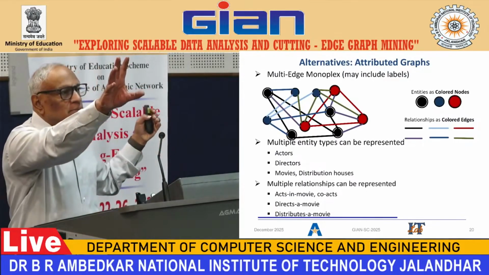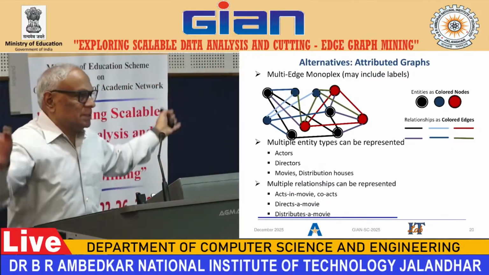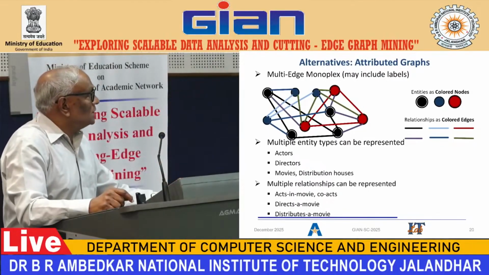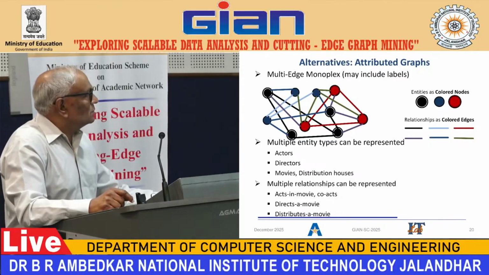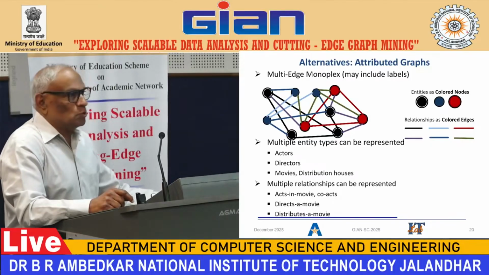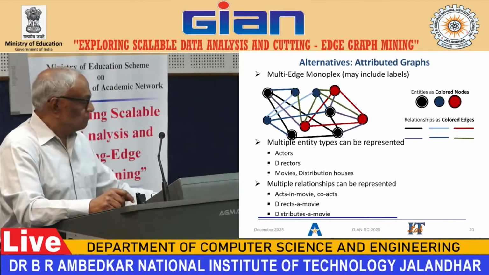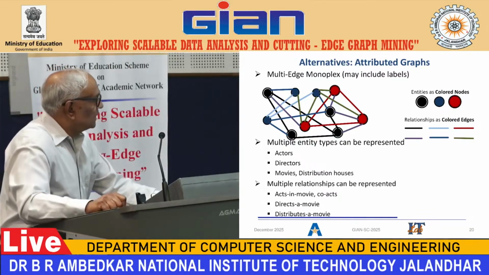You have buildings, you have persons, you have animals, whatever it is, chairs. You can also have different relationships. Relationships across black nodes, relationships across blue nodes, relationships across red nodes. So multiple entities can be represented.